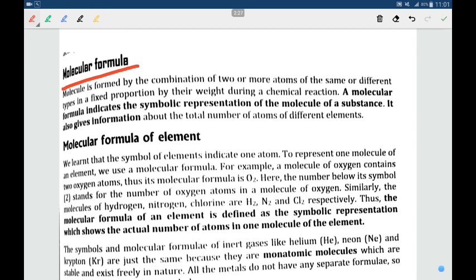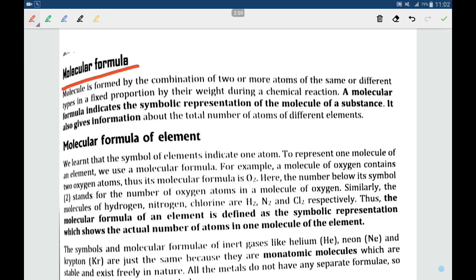At the beginning of this lesson we have defined molecule. What is a molecule? The smallest particle of an element that exists independently is called molecule. So independently means it is stable. Remember these things, students.